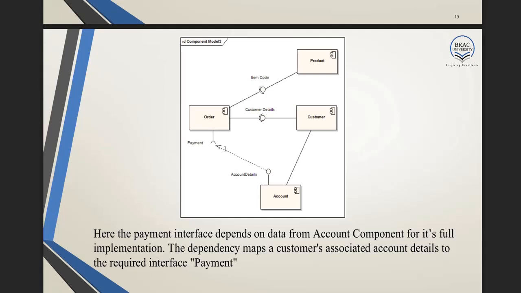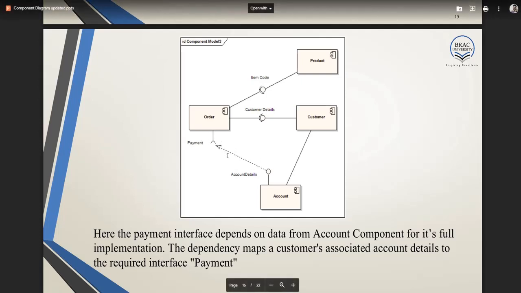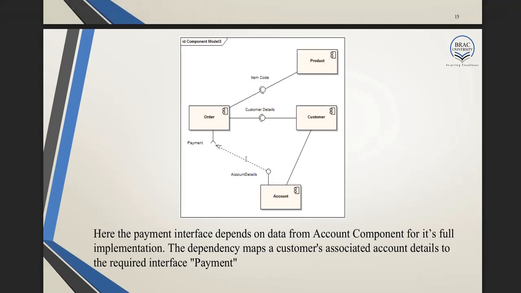They do not actually implement the same interface together, but the payment interface takes data from the account detail interface, all the information related to the account, and uses that in the order component. So that's how the dependency relation works.